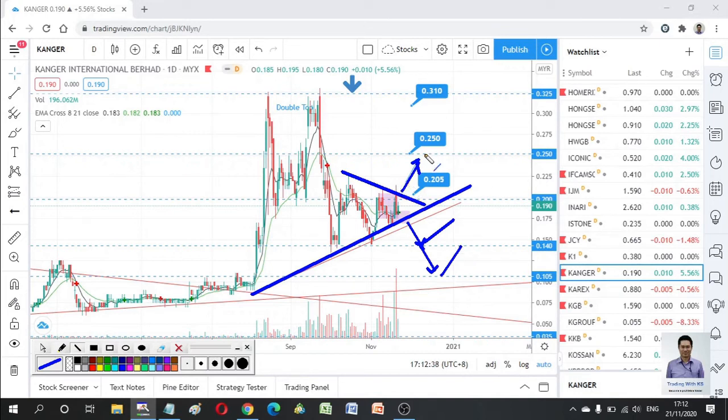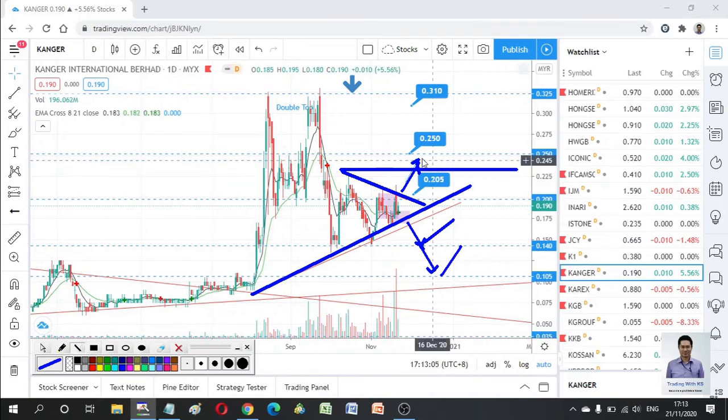If the price actually breaks from the top of the triangle, which is the 21 cent area, 0.21, then the first possibility is to test this high, the 0.23 area.